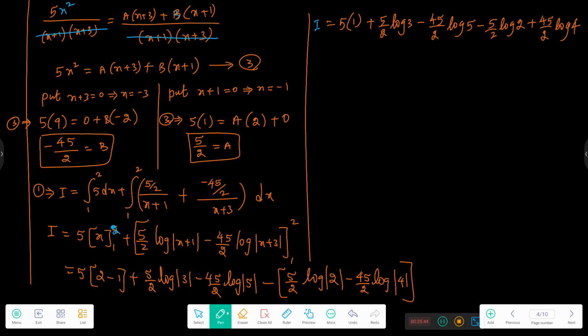Now the log a by b formula I am going to use. Log a minus log b, we can use as log a by b.